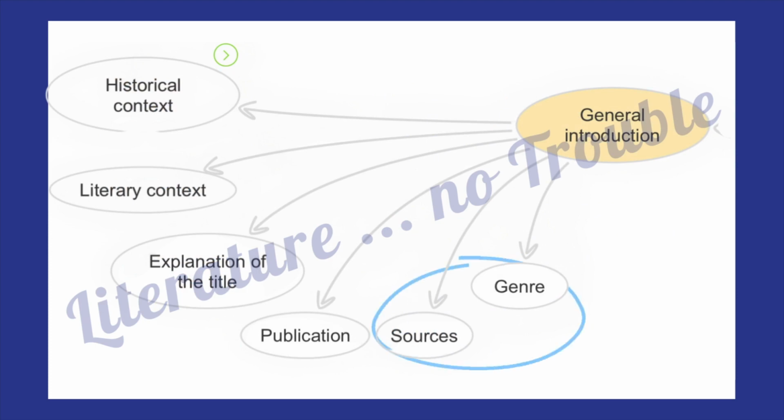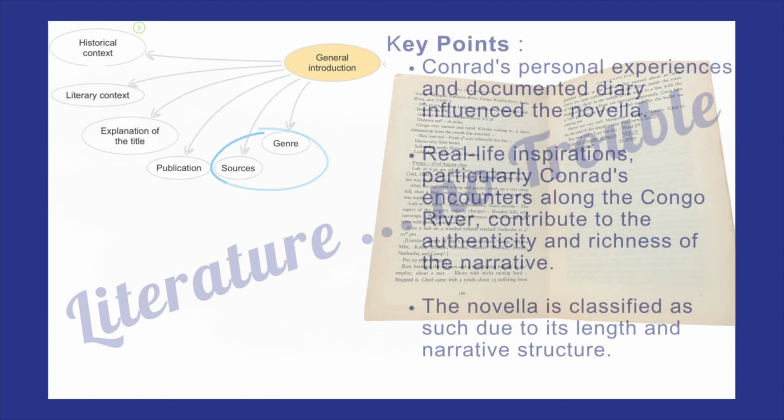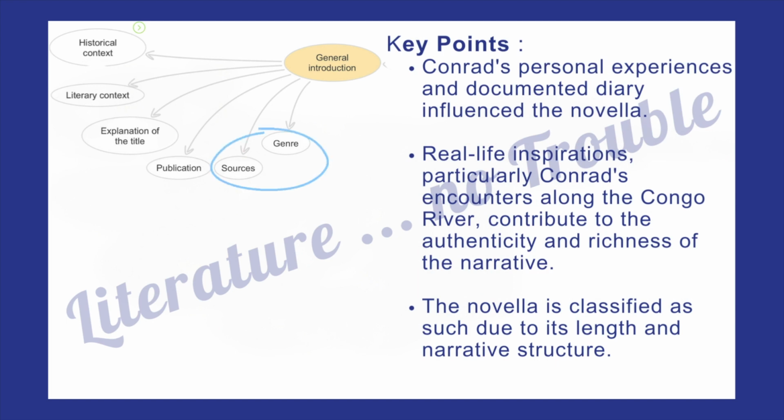Let's see where Joseph Conrad got his ideas for Heart of Darkness and briefly look at the genre of this work. Conrad used his own experiences from a trip along the Congo River. He wrote about this trip in his diary called The Congo Diary in 1890.